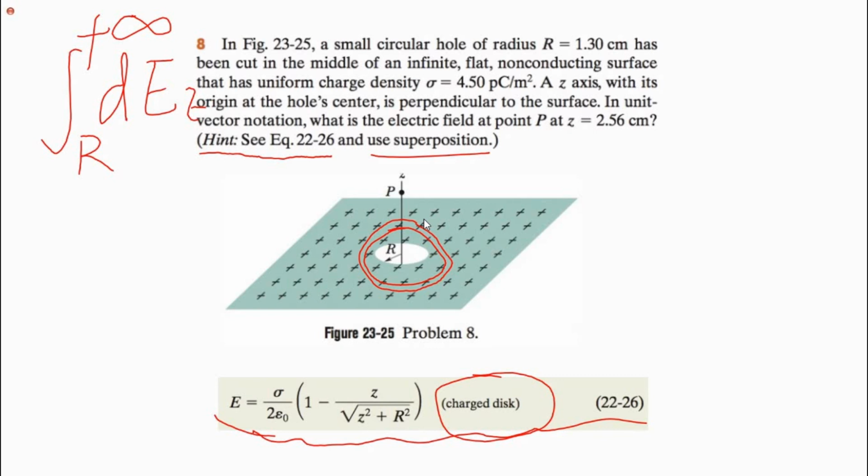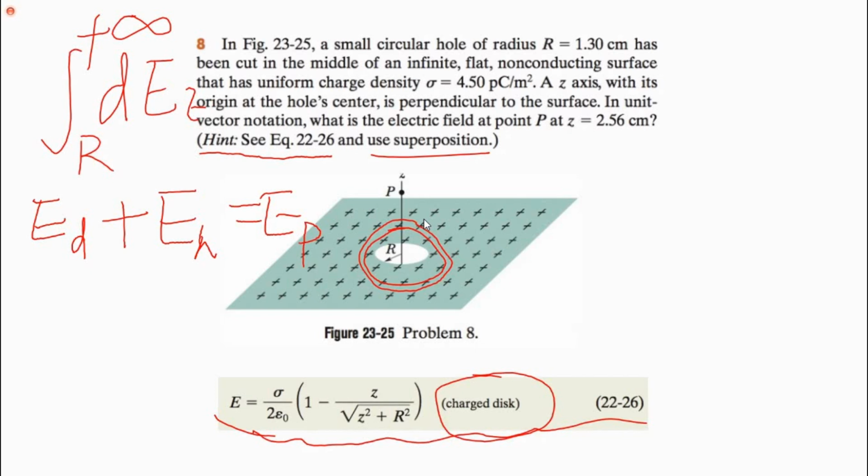From superposition, the electrical field generated by the disk plus the electrical field generated by the plane with the hole equals the electrical field generated by the total plane.